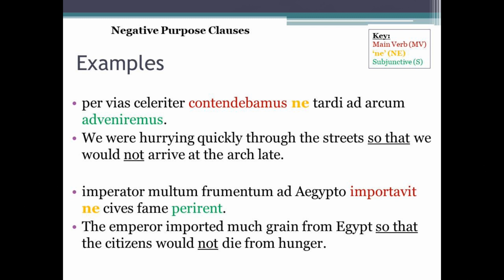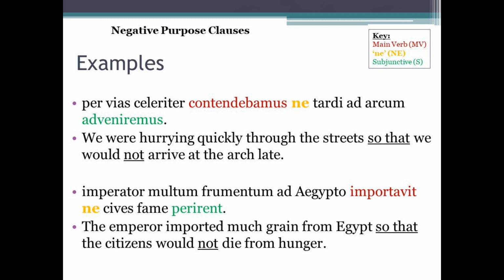And finally, before I get you to have a go yourself, let's have a look at a few examples of negative purpose clauses. So the main verb I've highlighted in red, ne is in orange, and the subjunctive is still in green. Per vias celeriter contendebamus, ne tardi ad arcum advenirent.